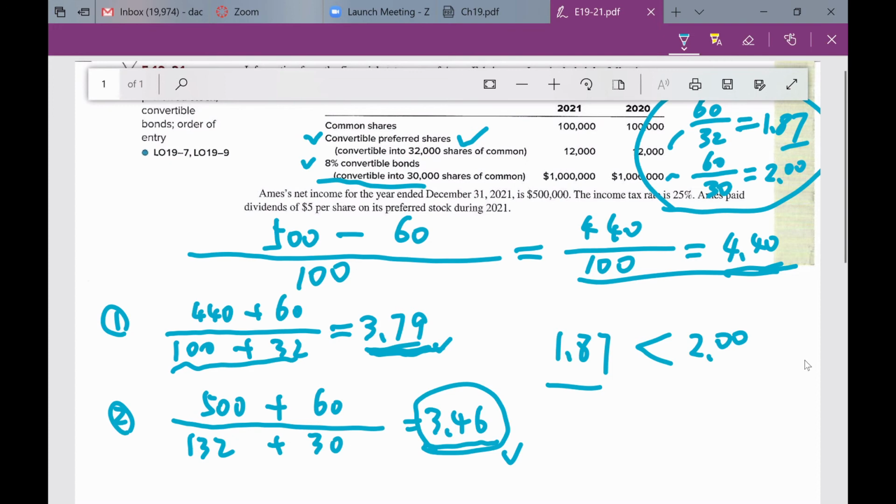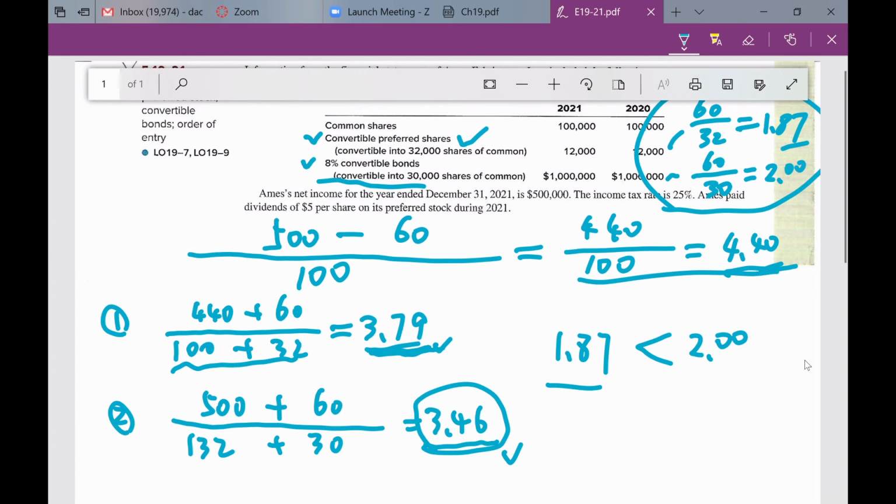Okay. So if we add the convertible bonds into the earnings per share, and that was greater than 440, we wouldn't use that for diluted earnings per share? Anytime you do one at a time, okay? Anytime the new number is greater than the previous one, then you choose the previous one, because that will be anti-dilutive, which is not what we want.